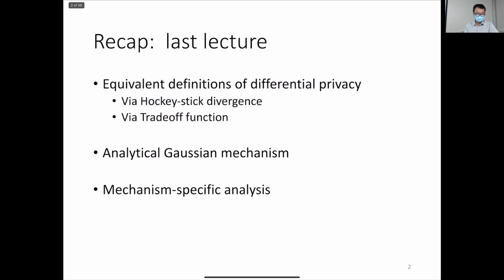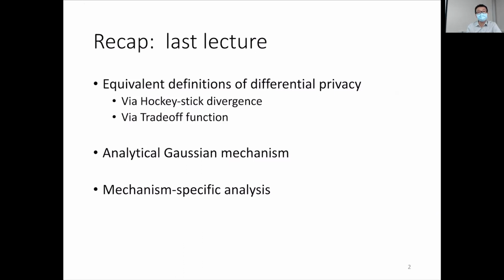As a quick recap of the last lecture, the primary focus was to introduce two equivalent definitions of epsilon-delta differential privacy. We can redefine DP via the hockey stick divergence, an upper bound of the hockey stick divergence that applies to all pairs of neighboring data sets.